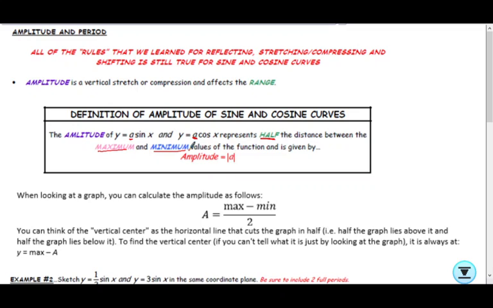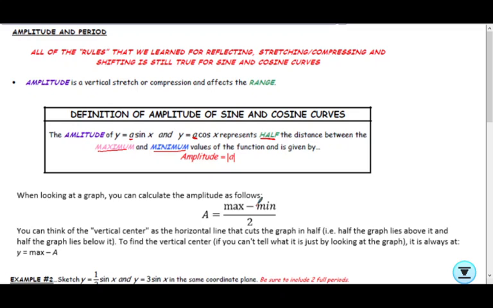Because now we're talking about distance. So if there's a -4 in front of the sine, the amplitude is just 4, not -4. The negative represents a reflection. The 4 is our amplitude. When you're looking at a graph, the amplitude is the distance from the maximum to the minimum point divided in half. Okay, and this will make more sense when we look at it as a graph.